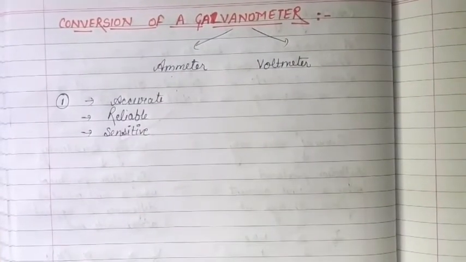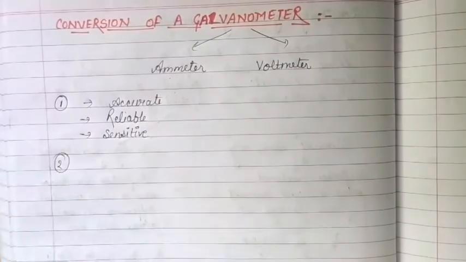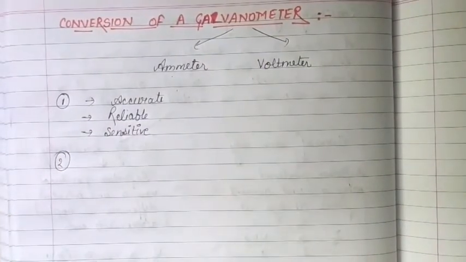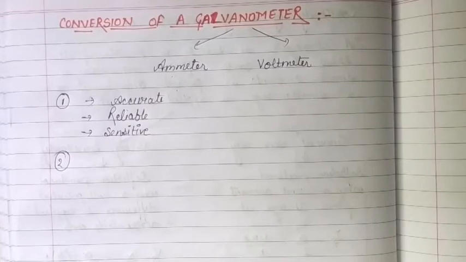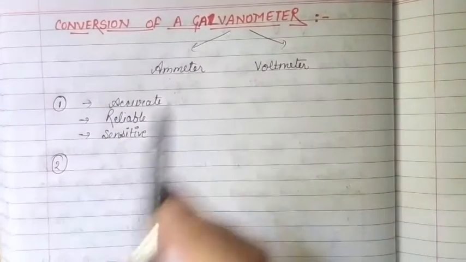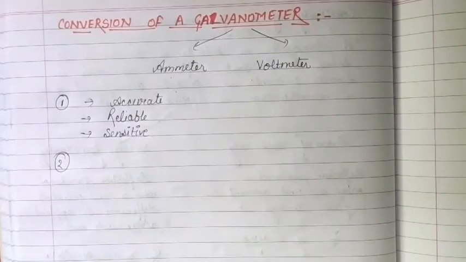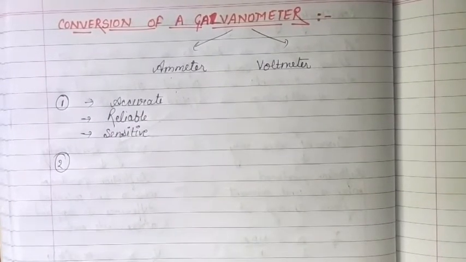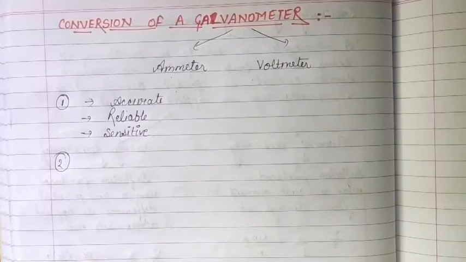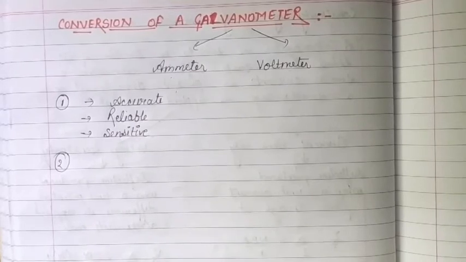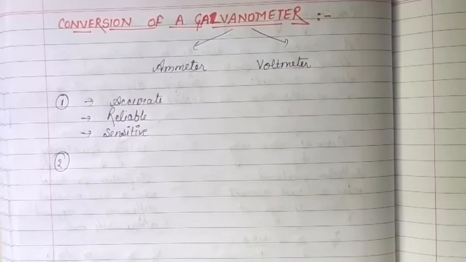The second point that we have to keep in mind is that the use of these devices in a circuit must not change the current in the circuit or the potential difference across any element of the circuit. Like, if we are using the galvanometer as an ammeter, we have to keep in mind that it should not change the current in the circuit. Or if we are using the galvanometer as a voltmeter in the circuit, then it should not change the potential difference across any element in the circuit.